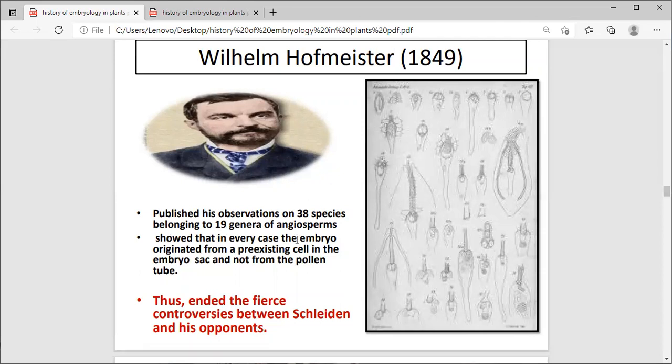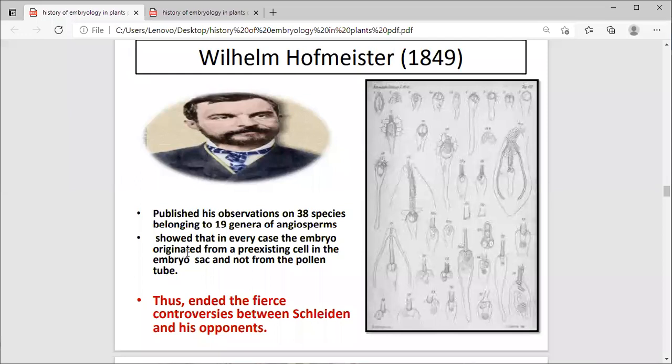And he showed that in every case, the embryo originated from a pre-existing cell in the embryo sac, not from the pollen tube. What he concluded is that the embryo is formed by a pre-existing cell of the embryo sac. So he concluded that the pollen tube is not responsible.